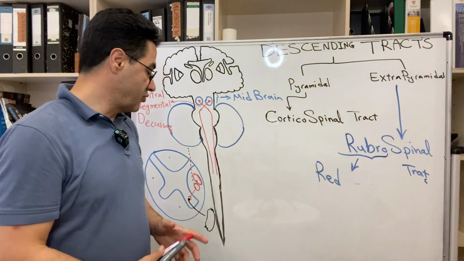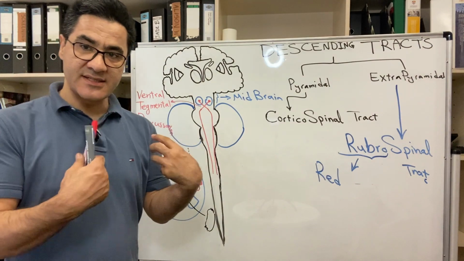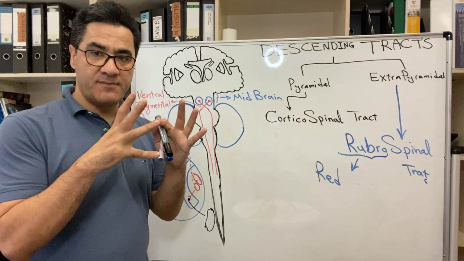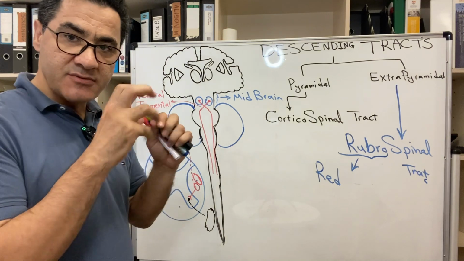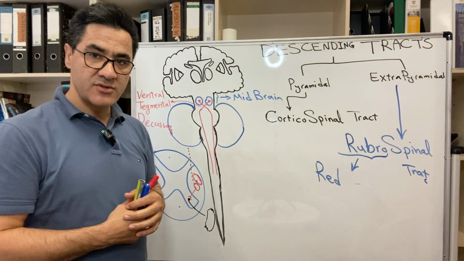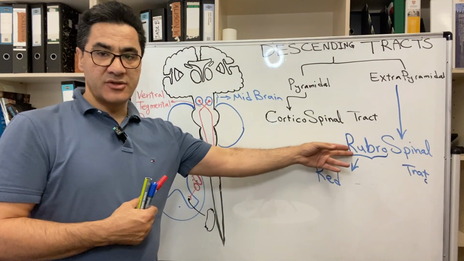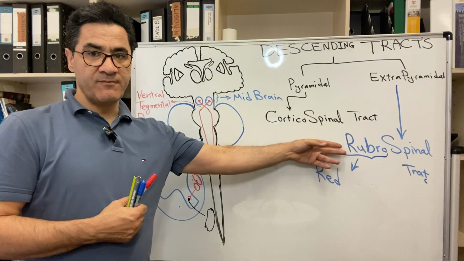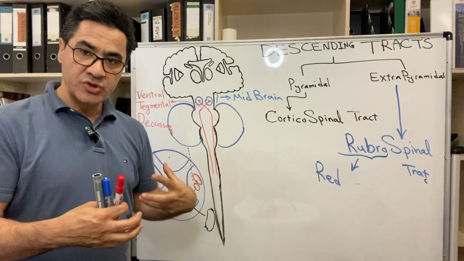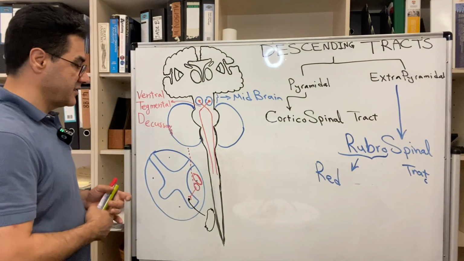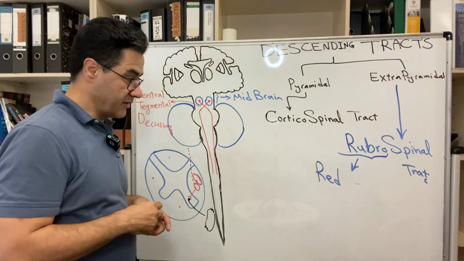It helps the corticospinal tract to flex the distal part of the upper limb to do skillful jobs. On a daily basis, we do lots of skillful jobs. So the corticospinal tract needs the rubrospinal tract as a little brother to help it regulate the flexion of the hand and distal part of the upper limb.